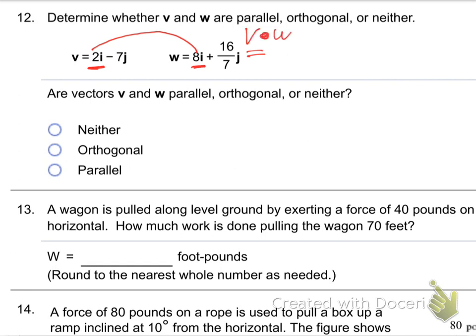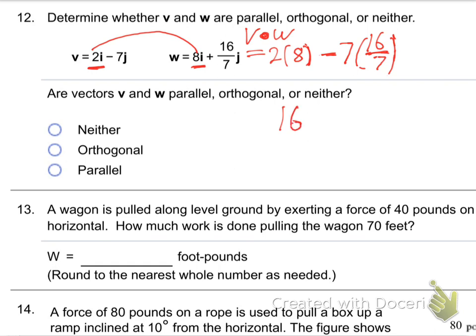Yeah, here, I'll just write it out. 2 times 8, and then minus 7 times 16 over 7. Okay, so that's 16.